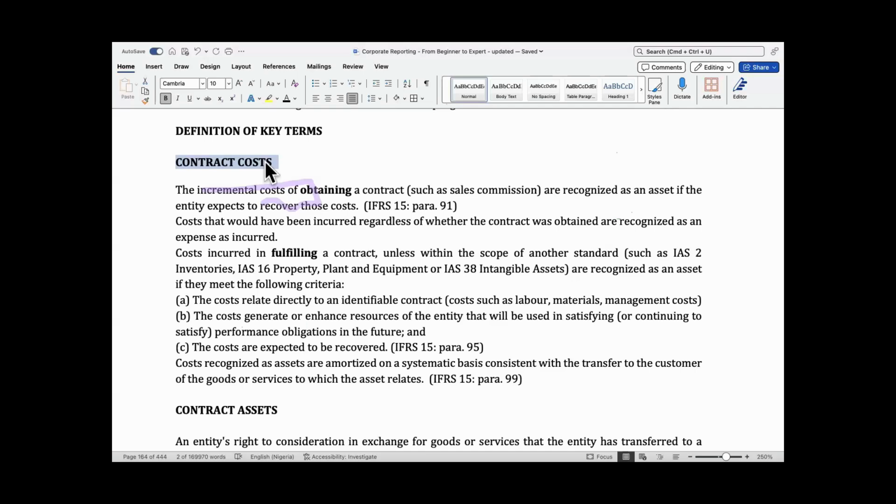So contract cost is the cost of obtaining and fulfilling a contract. They are usually capitalized. As you are collecting your money from the customer, you can, on a systematic basis, be expensing that cost as well, so that you can match that cost with the revenue.